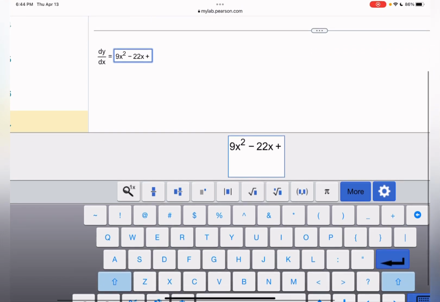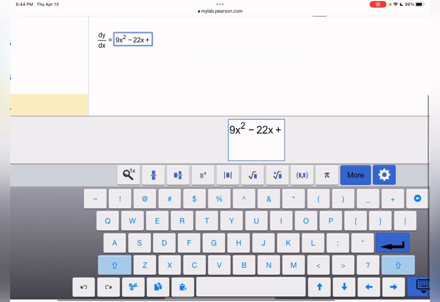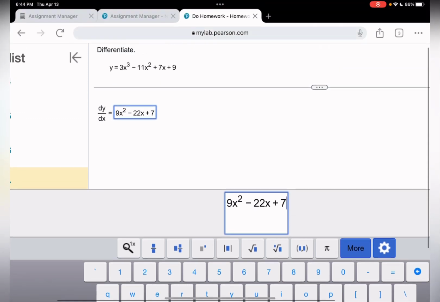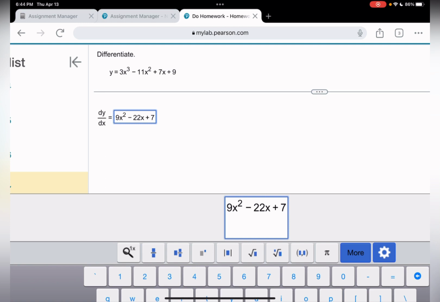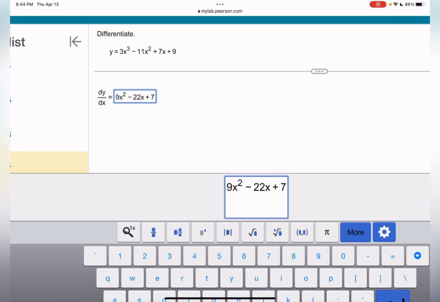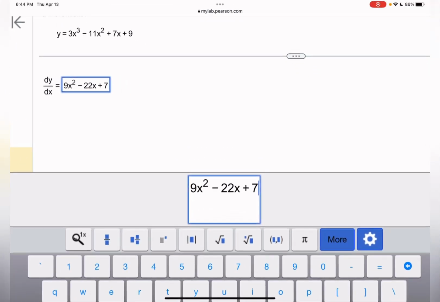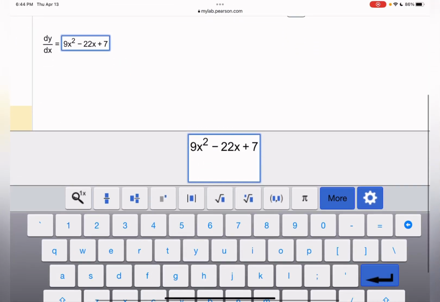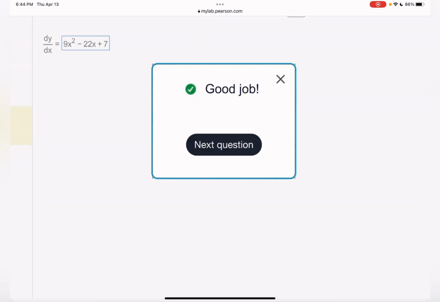Let me write down and then I'll go over real quick. I think it's too early to just do like that. And the derivative of constant is going to be 0. So this is going to be the answer. Let me check. Good job.